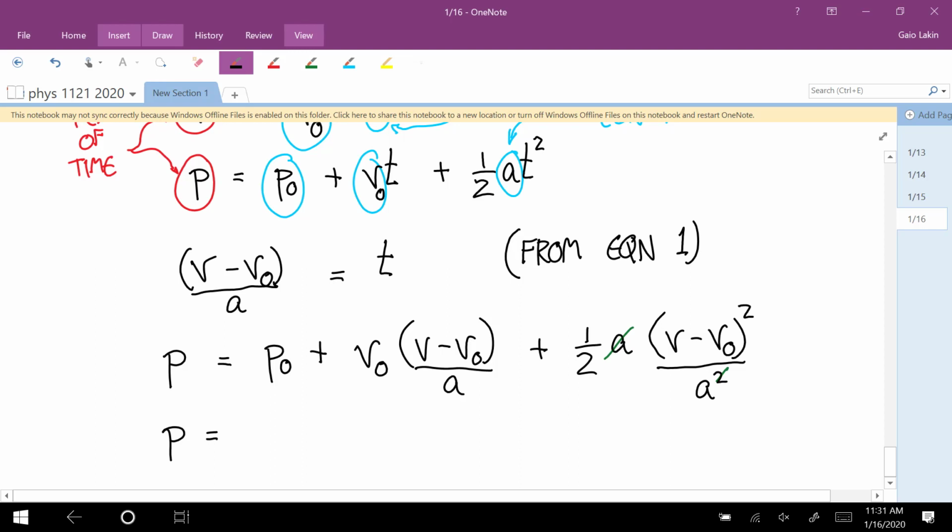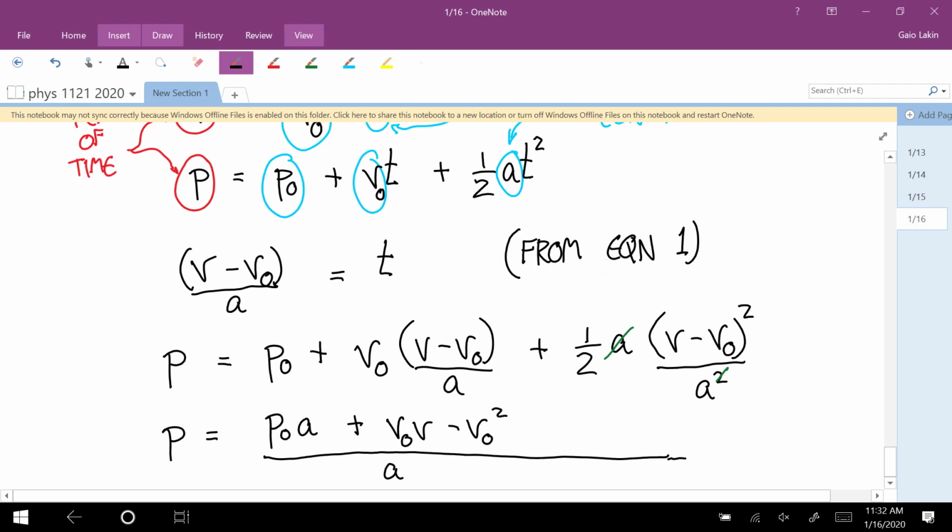So we have P0 A plus V0 V. This whole thing is going to have a denominator of A. V0 V minus V0 squared plus, actually, let me multiply all this stuff by 2.